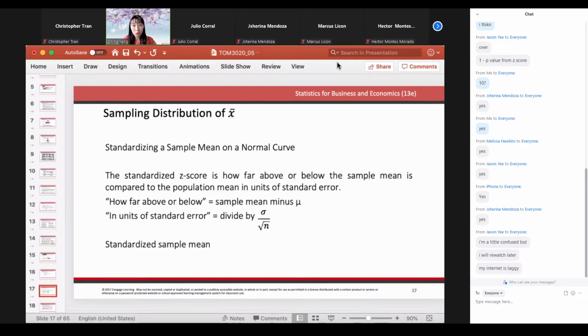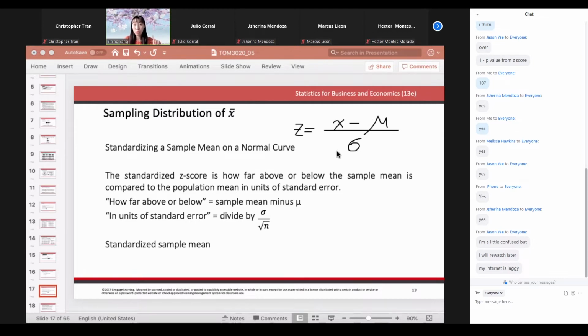So I will write what we learned last week, and then you see how we change it to this week. So last week, when everything is for the population, how far your individual x value is, how far above or below from the mean in unit of standard deviation. That's last week for population.